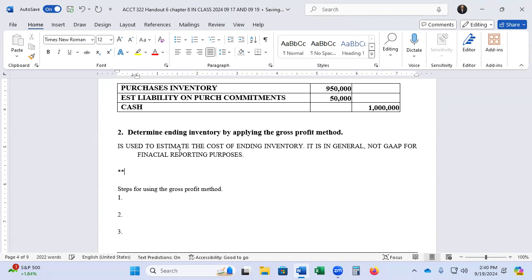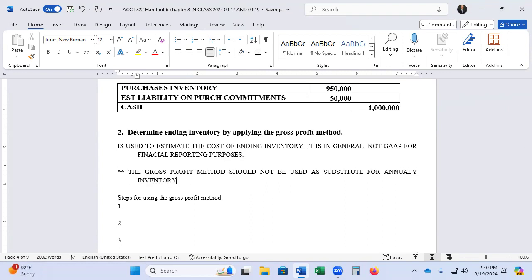And then I also talked about the gross profit method should not be used as a substitute for annual inventory counts.